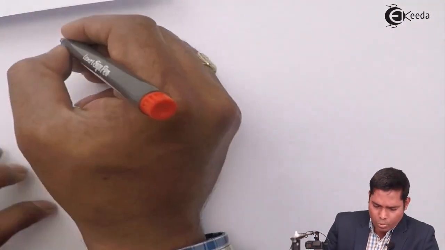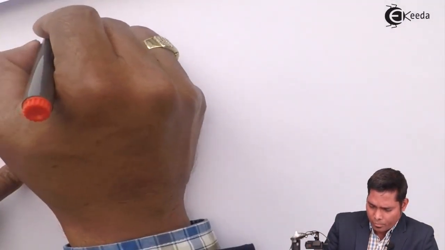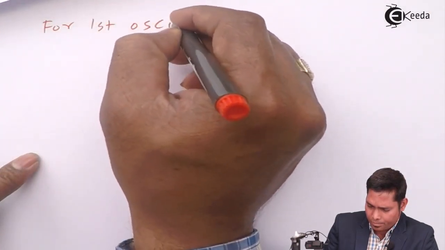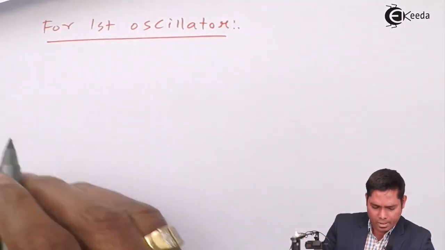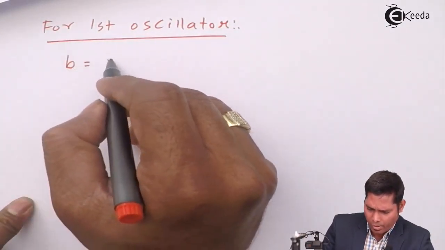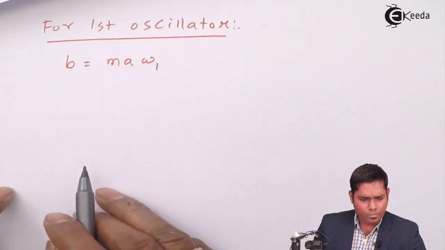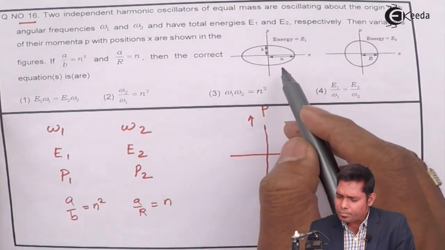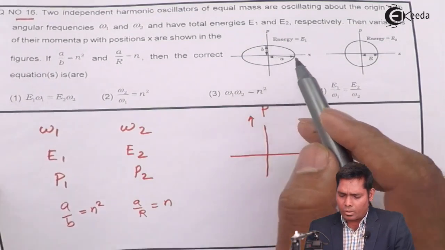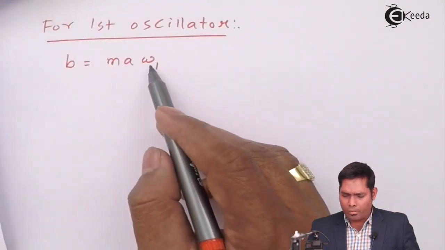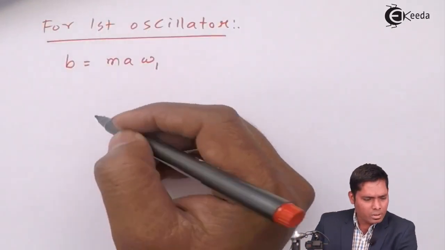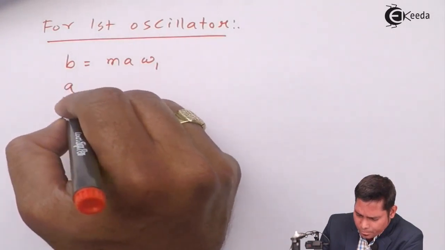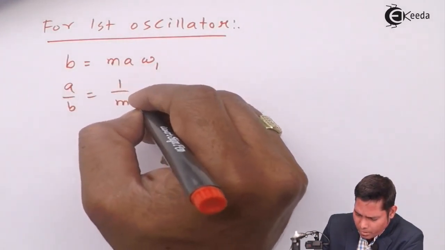Then I'll move to, for first oscillator, I'll have few things like B equals m a omega 1. For first oscillator, here is the first oscillator, B equals, I can write m a omega 1, and from here I'll write that a by b equals 1 over m omega 1.